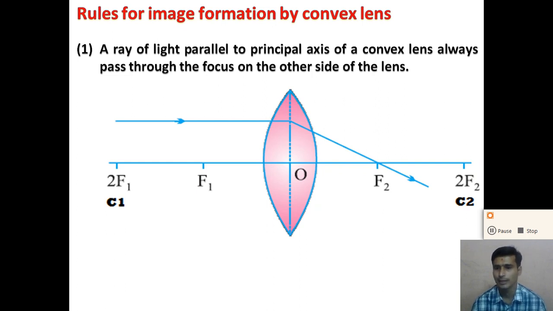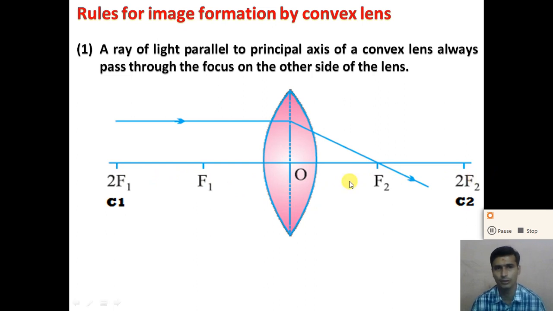Yes, R is equal to 2f. That means the radius of curvature is double the focal length. So if we draw a convex lens here, the center of the convex lens is called the optical center, right? Two principal foci and two centers of curvature, right?